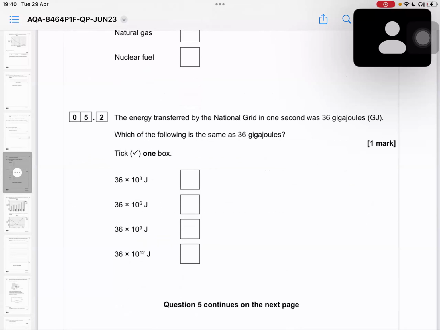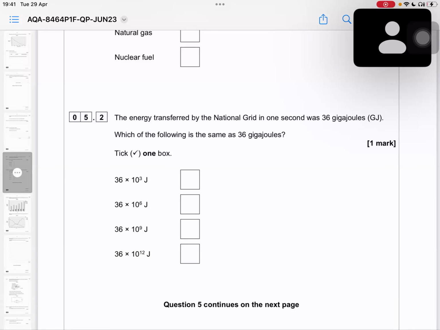The energy transferred by the national grid in 1 second was 36 gigajoules. Which of the following is the same as 36 gigajoules? Giga should be, okay, let me be sure. Kilo should be 1,000. That's the first one.